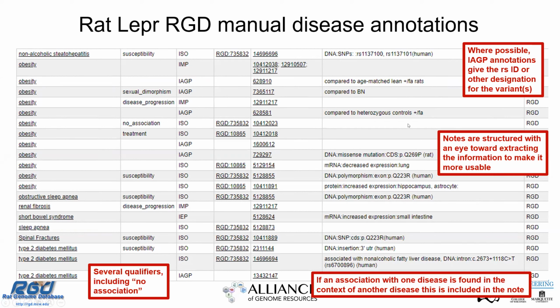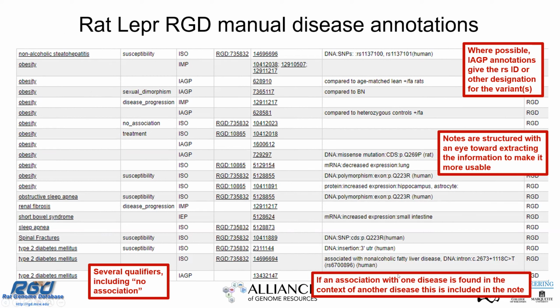The format of the notes is structured with an eye toward extracting the information to make it more usable. So to actually be able to pull out the RSIDs and be able to have a field that was searchable, to be able to find these RSIDs and associate it with this gene and non-alcoholic steatohepatitis.